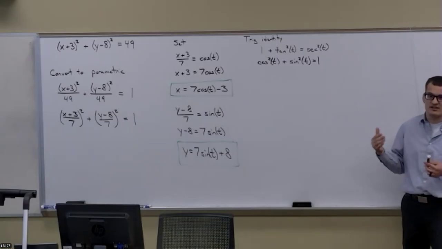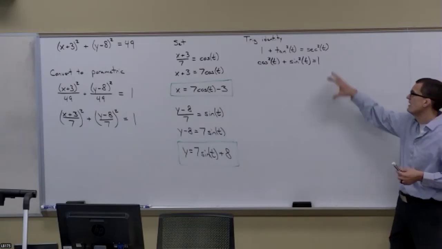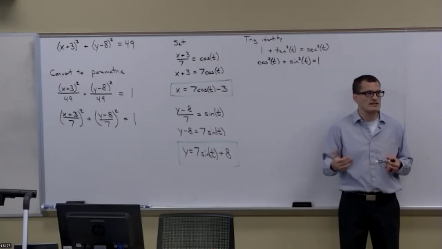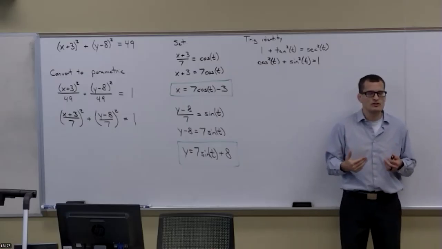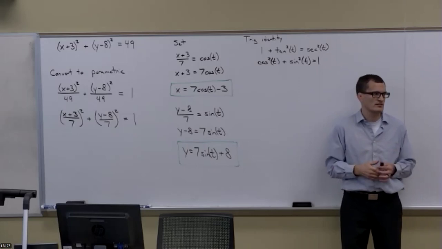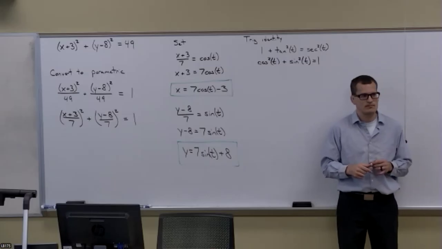Again, like I've said a number of times, here are the two trig identities we're using. There's lots and lots of identities out there that you could use that we're not using. Not just trig identities, there are other identities that you could use that we're not using as well.